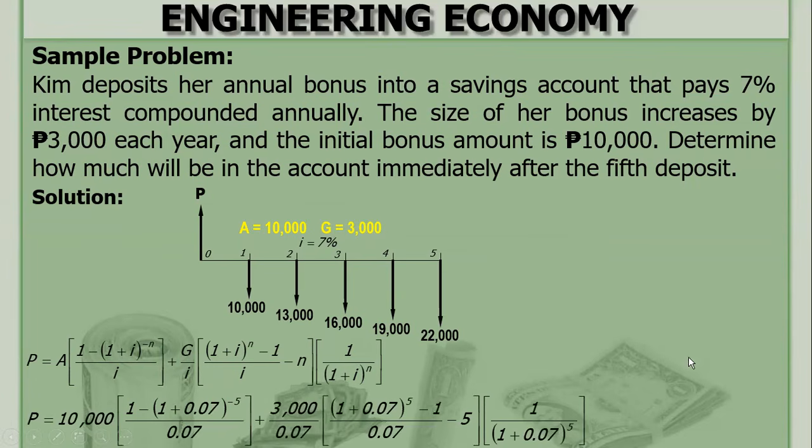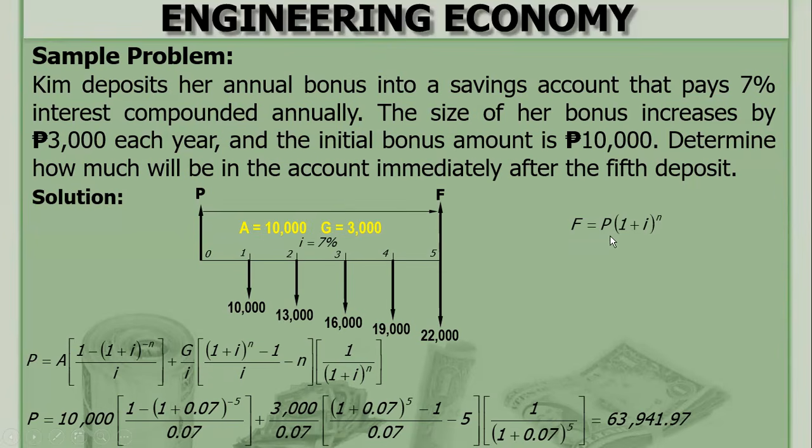Okay. And the present worth is this one, 63,941.97. Okay, so after P, we get the value of F, or the value of the account immediately after the fifth deposit. So to solve for F, we use this formula.